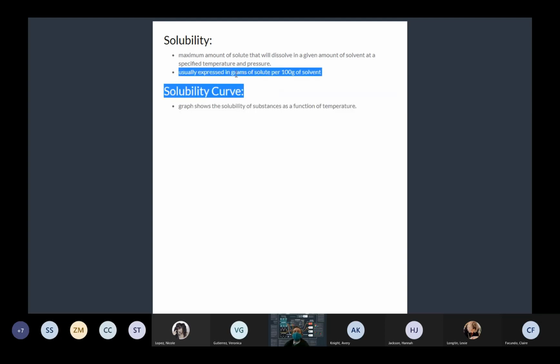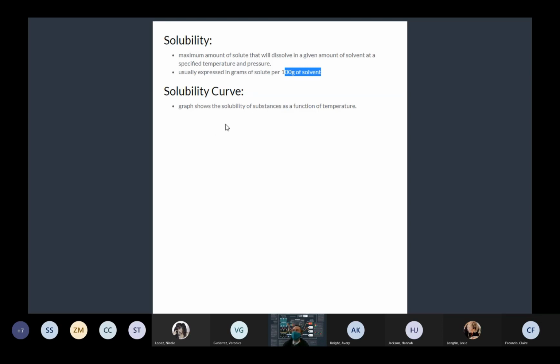Usually we express solubility in grams of solute per 100 grams of solvent. But you have to be careful because sometimes solubility is expressed in grams of solute per grams of solution, which would be the solute plus the solvent.